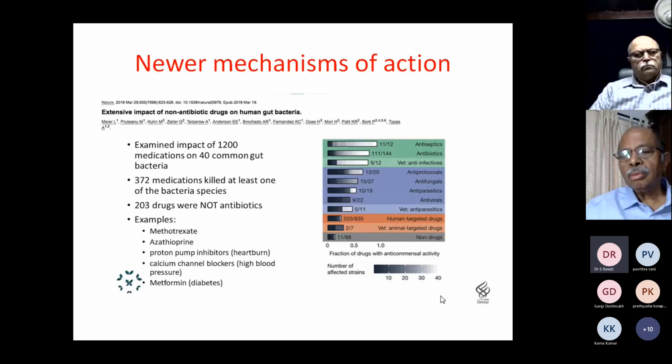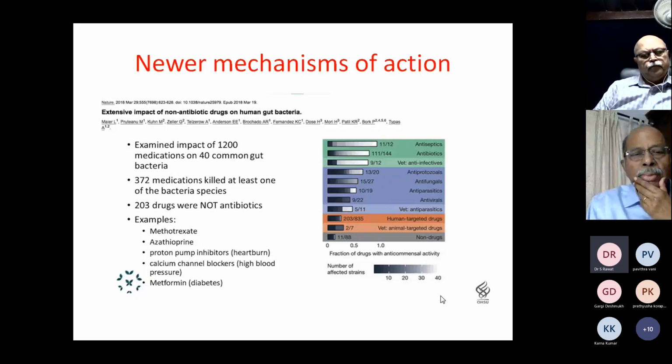And out of these, 203 drugs were not antibiotics. So there are various drugs such as methotrexate, azathioprine, PPIs, calcium channel blockers, metformin, etc. And all of these drugs might not be harmful. In fact, some of the drugs mediate their beneficial effects by modifying the microbiota.